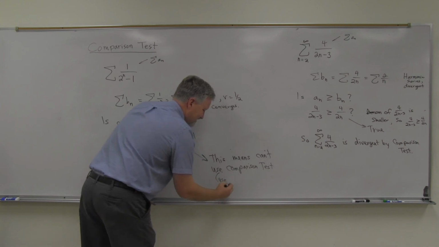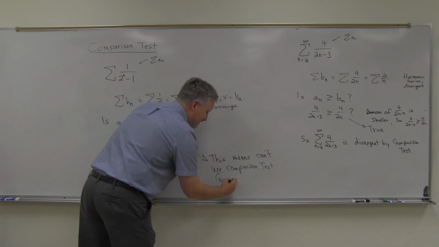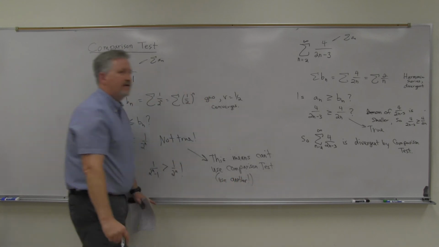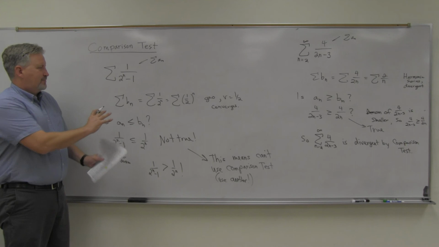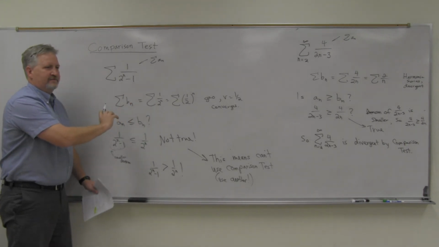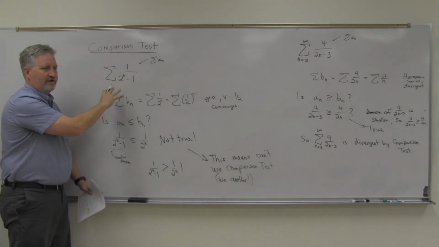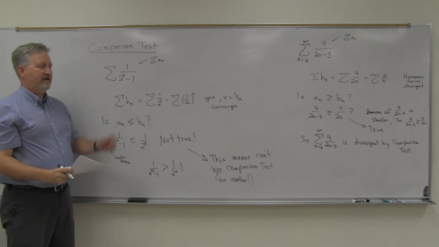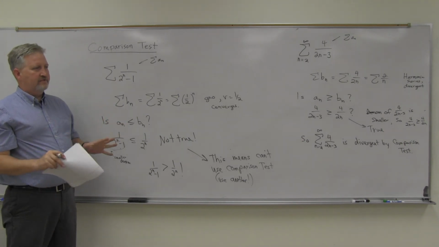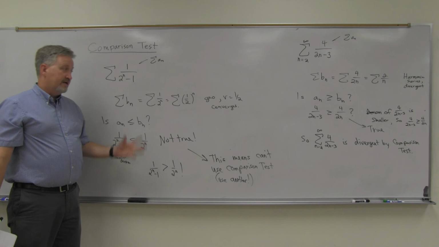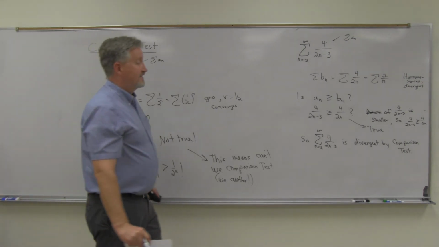Which we haven't discussed the one to use here yet, so we'll do that in just a second. But yeah, just because b sub n is convergent doesn't mean you can automatically use a comparison test and say a sub n is convergent. You can't do that. It may still be convergent, but not by a comparison test.